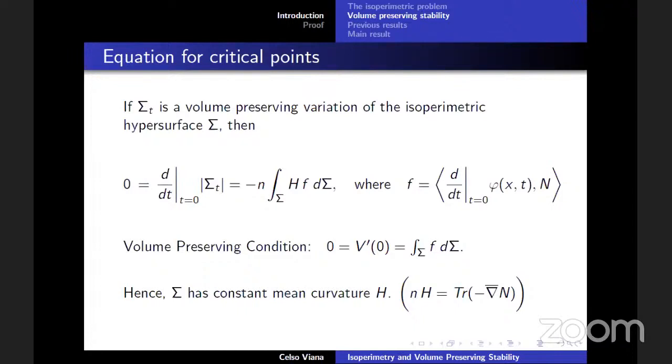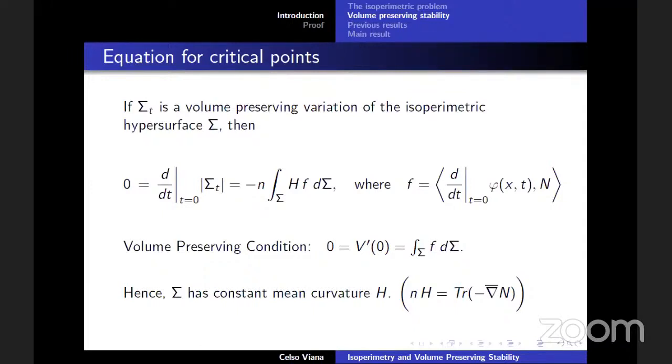So it turns out that for our variation to be volume preserving, the integral of this function must be zero, okay? And the converse is also true. So for any function with average zero, we can always construct a perturbation that has such a function as its normal component, okay?